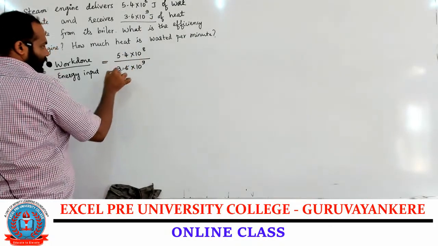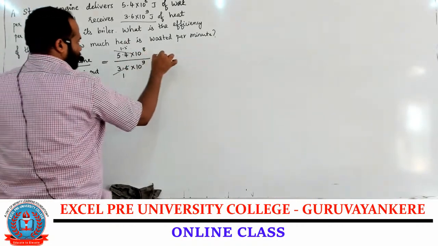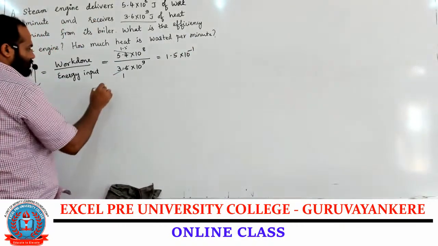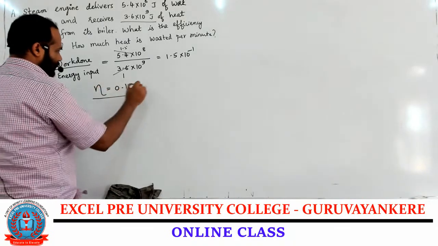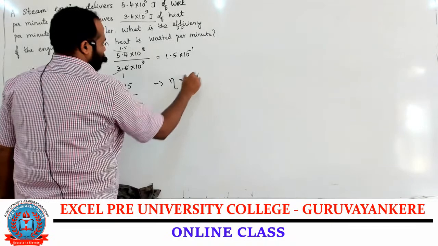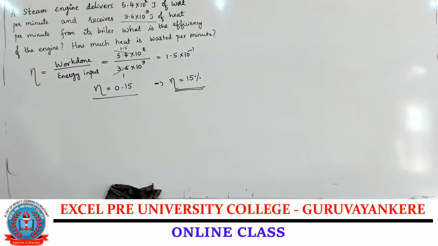If you are smart, it is 1.5 into 10 to the power minus 1 units. So 0.15 is the efficiency. That implies efficiency is 15% only. Is that clear?